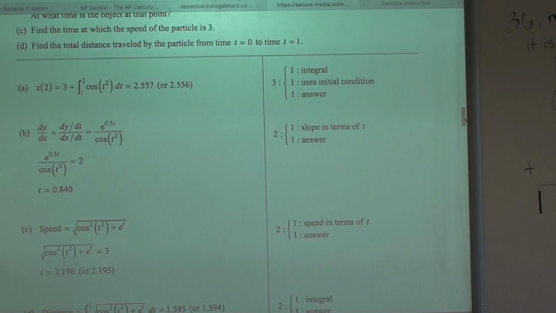Do you have an 89? Yeah, I do. Okay, let's get you out of this mode. So we go up to solve, and then you type your equation in. The problem with cosine is that there are multiple answers. So equals 2.